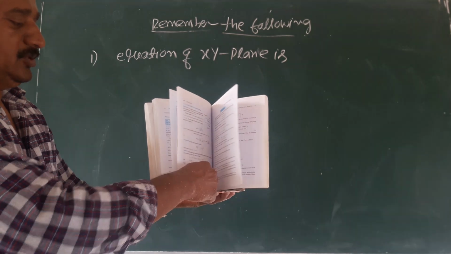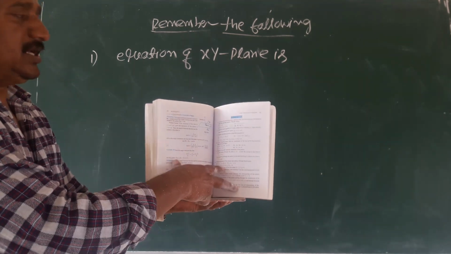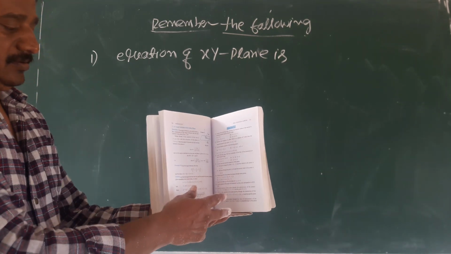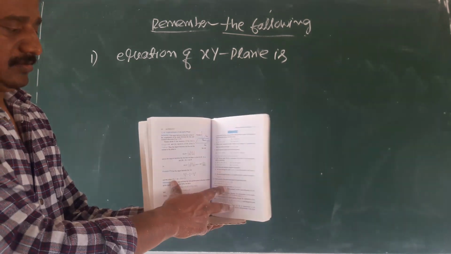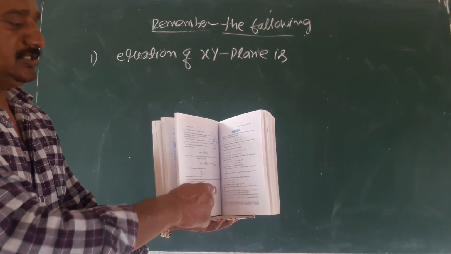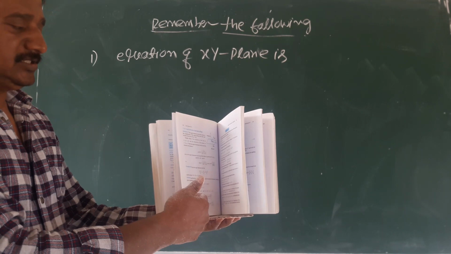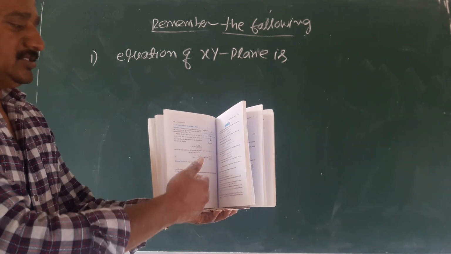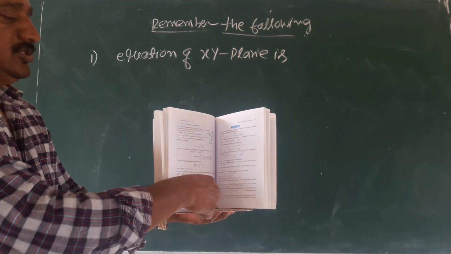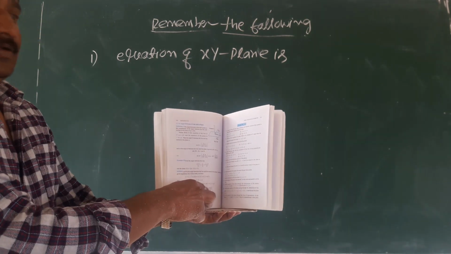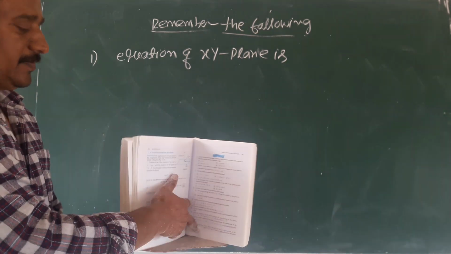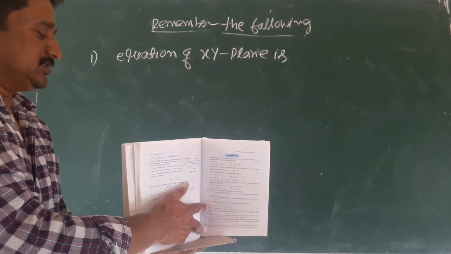You take this as x axis. The line which directs towards me is x-axis. This is y-axis, this is z-axis.